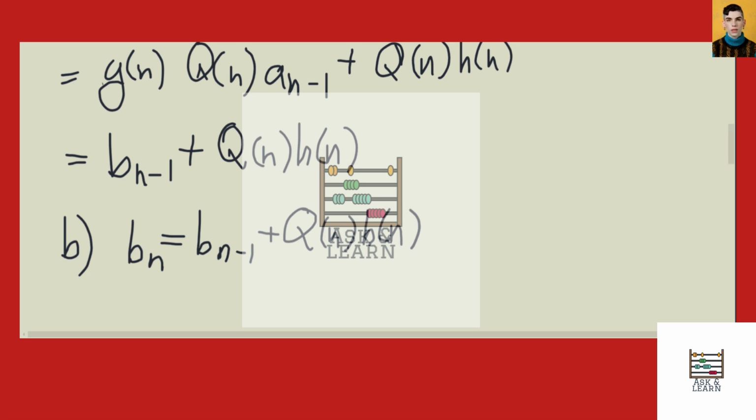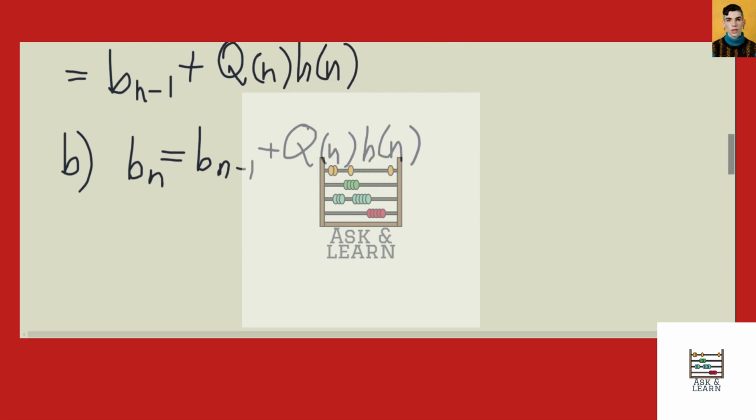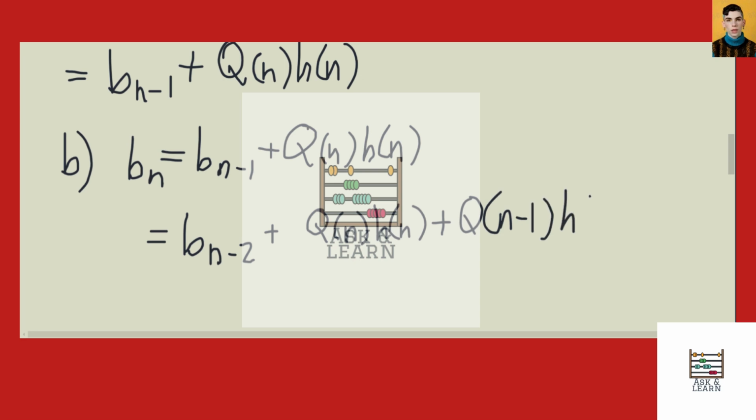And so if we apply this recurrence relation repeatedly, we get Bn is equal to Bn minus 1 plus Qn Hn, which is equal to Bn minus 2 plus Qn times Hn plus Qn minus 1 times Hn minus 1.